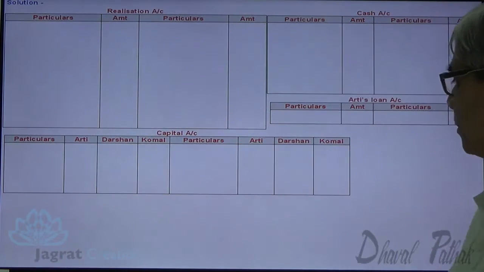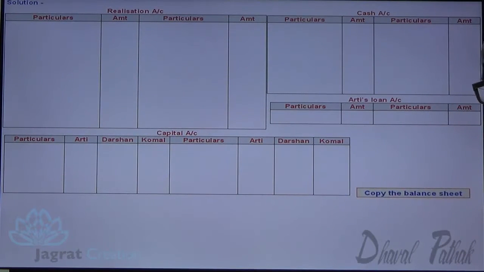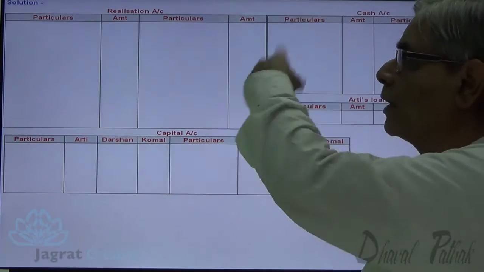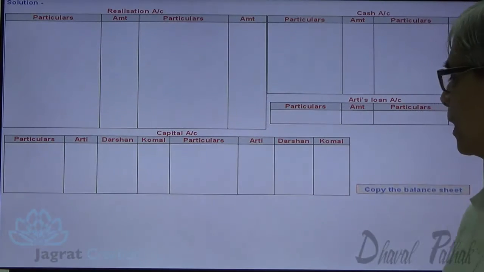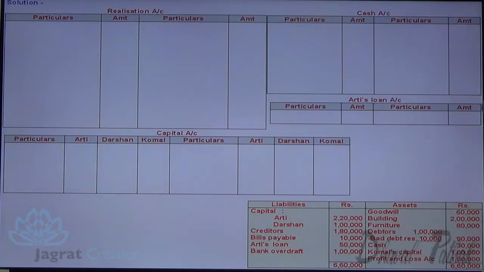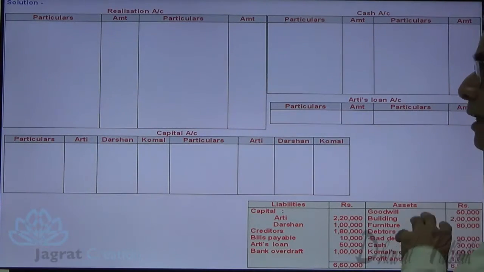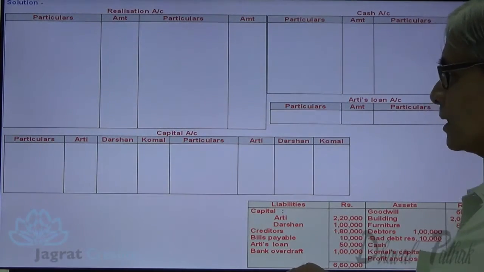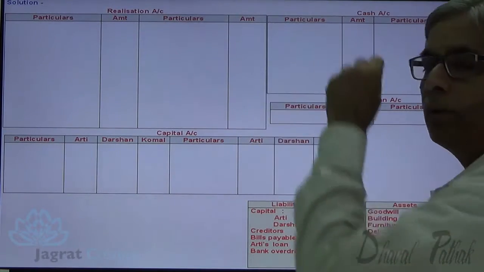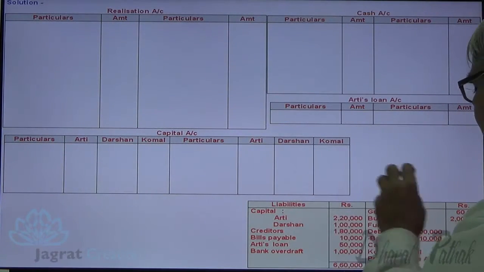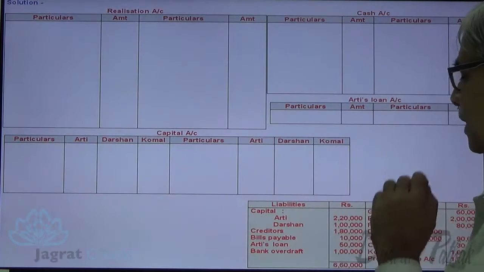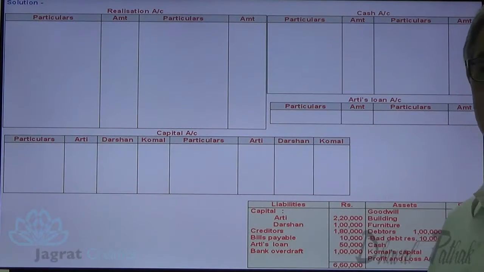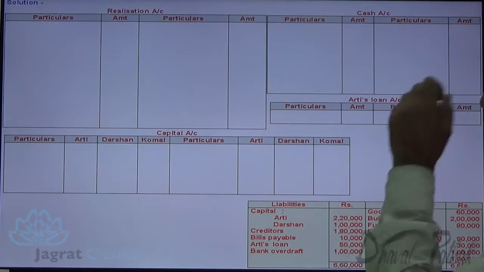The first step for the purpose of solving the sum is to copy the balance sheet, meaning all the details of the balance sheet should be taken into consideration for accounting of this dissolution. How to copy the balance sheet? All the assets to be realized are transferred or debited to realization account. All liabilities to be settled are credited to realization account. Partners capital accounts are transferred to partners capital account. Undistributed profits and losses are distributed amongst partners in the ratio of profit sharing.